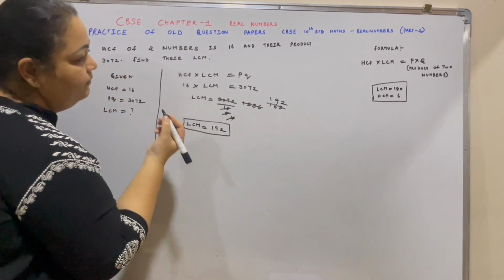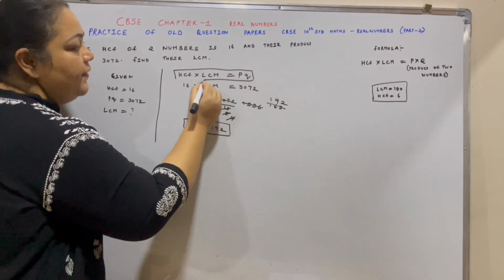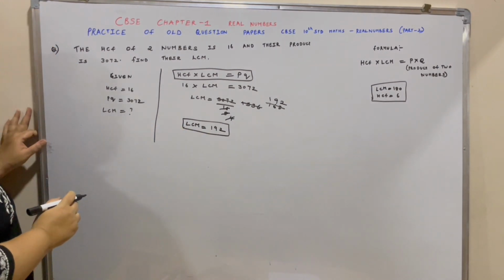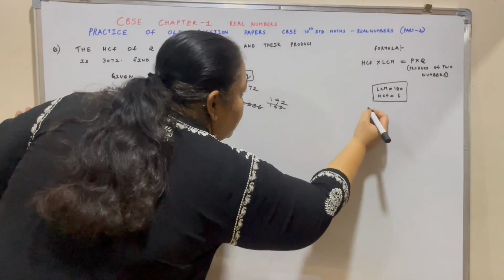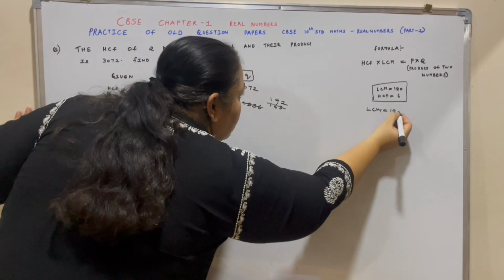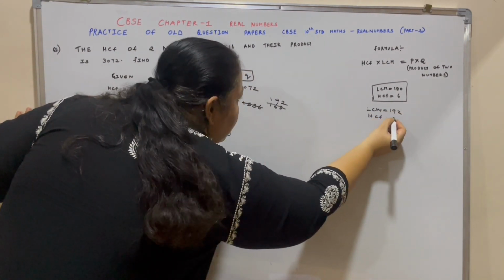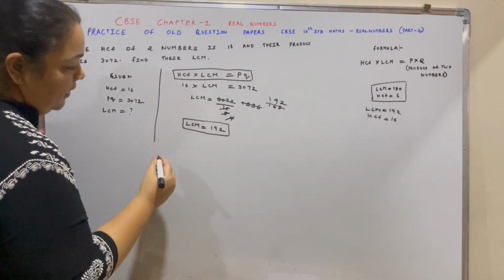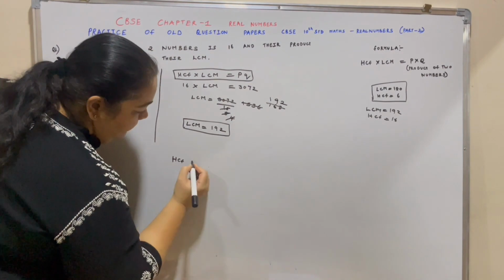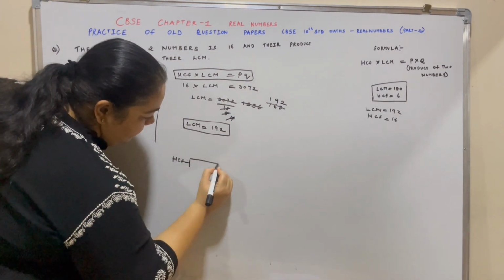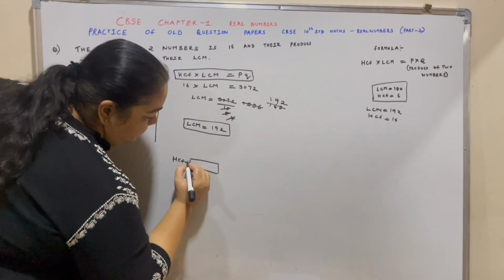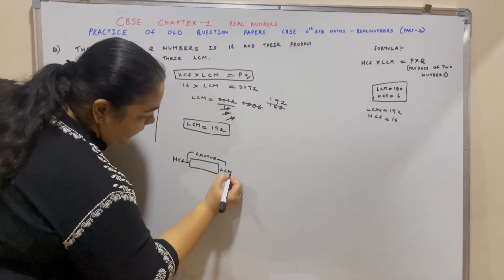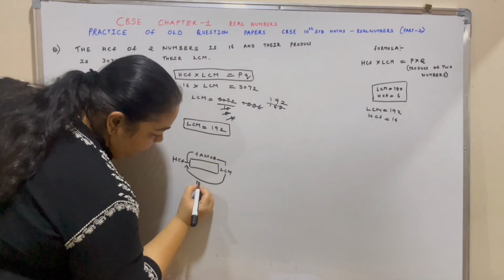By using the formula HCF into LCM is equal to the product of two numbers, we got the LCM as 192. Now here LCM is 192 and HCF is 16. Now can we say that HCF is a factor of LCM, and LCM is a multiple of HCF?